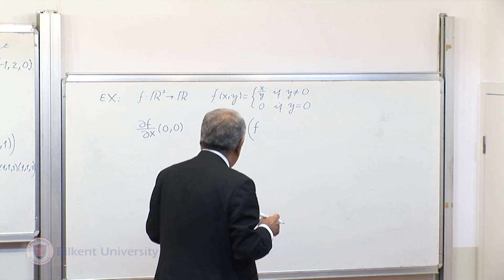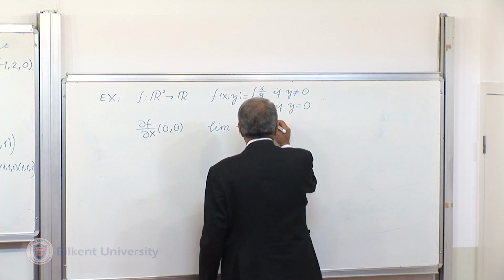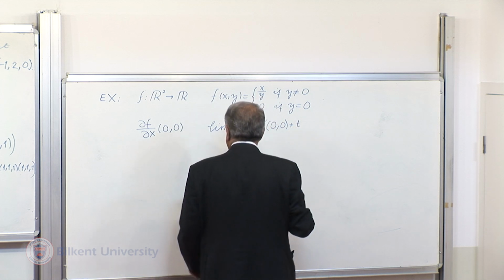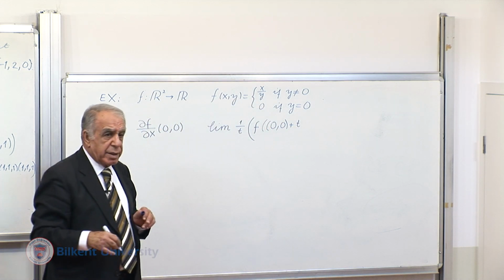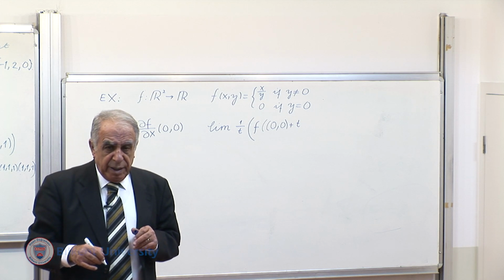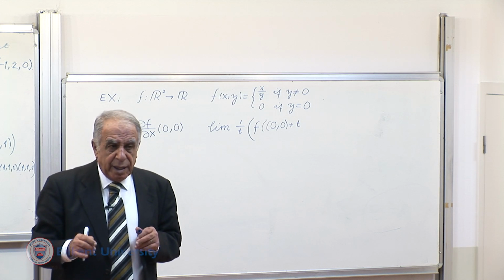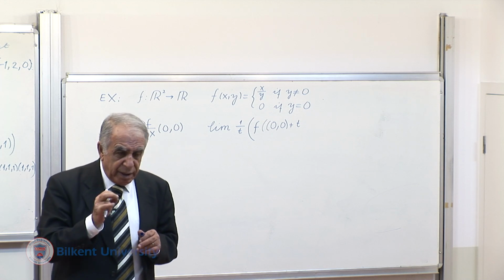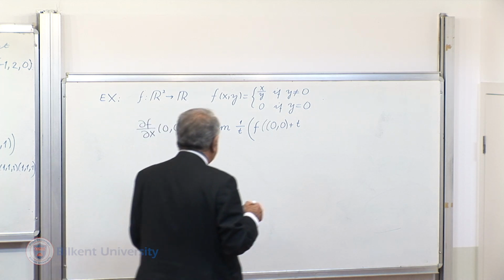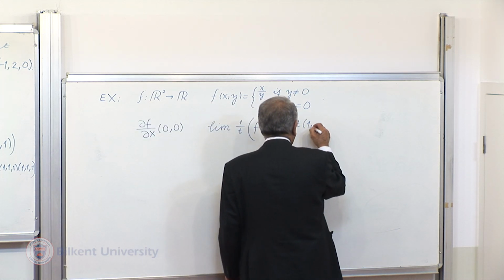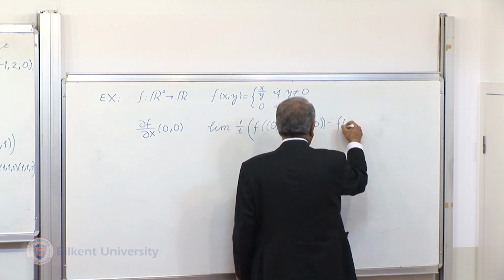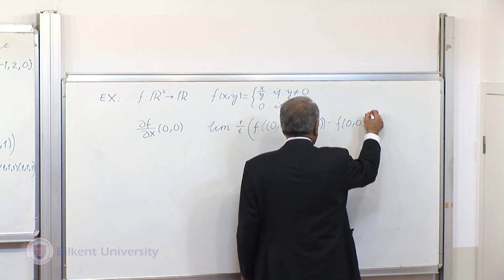The point a here is 0, 0. But since we're taking the partial derivative with respect to the first variable, the direction should be taken as e sub 1, the first standard basis vector in R2, which is 1, 0. Then this minus f of 0, 0.